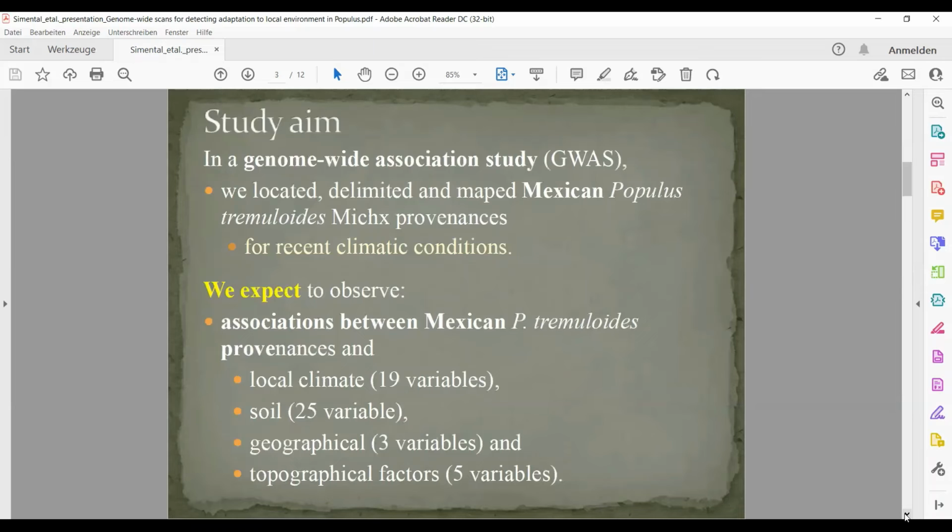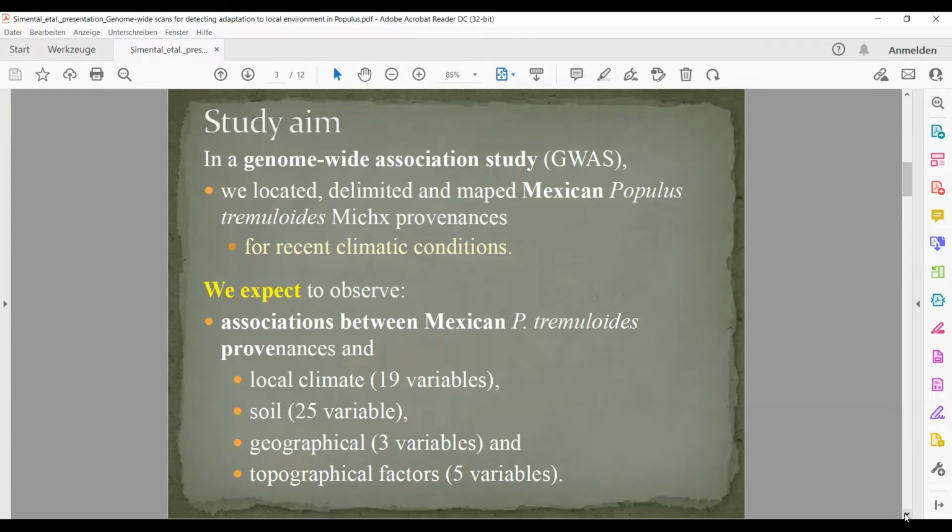Well, the study aim was a genome-wide association study. With this study, we located, delimited, and mapped Mexican populations of Populus tremuloides in the recent climate conditions, and in the future, as forecast with some climate change.